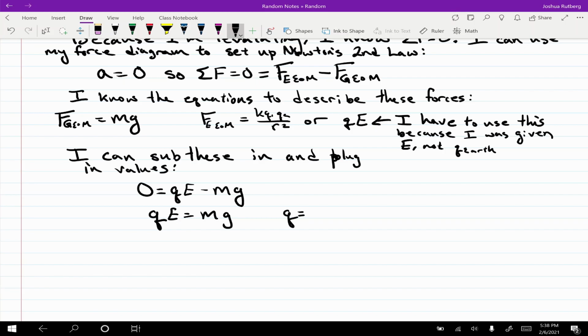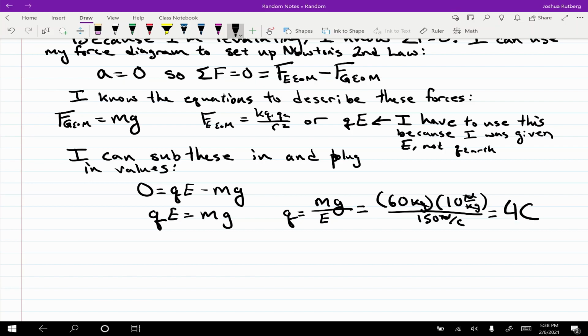And then Q is equal to mg divided by E. M, remember I said, was 60 kilograms. G, we can say is 10 newtons per kilogram because precision doesn't matter here. And E, we were told, is 150 newtons per coulomb. Kilograms cancel, newtons cancel. I'm left with coulombs. I get 600 divided by 150. So 600 divided by 150 is 4. So my answer here is 4 coulombs.